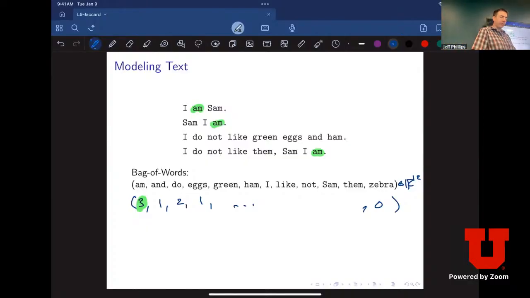So this is how you could represent this document as just a vector. That's called the bag of words representation. I'm just taking all the words and throwing them in a bag and counting how many times each word appeared. This was one way to represent the document. This did not work that well because it did not capture the context. In particular, if you have a word like not, as in Sam did not like green eggs and ham, I don't know what the not is referring to.